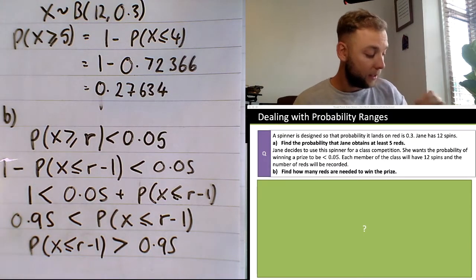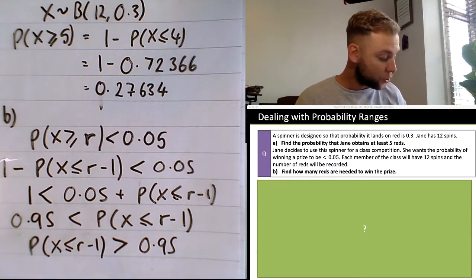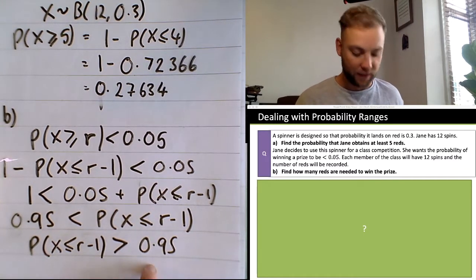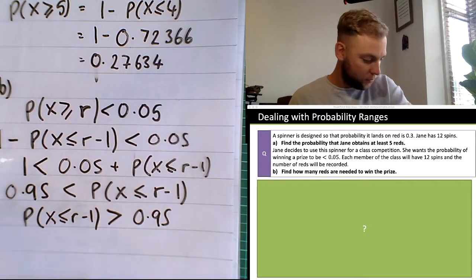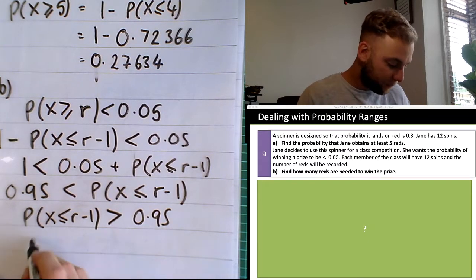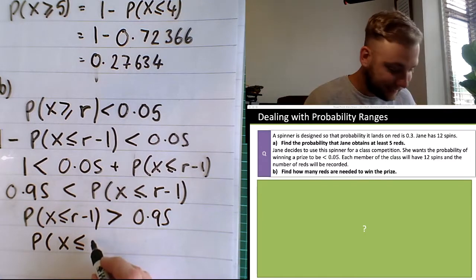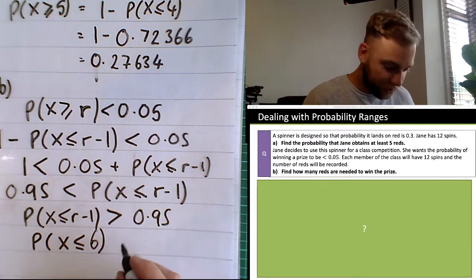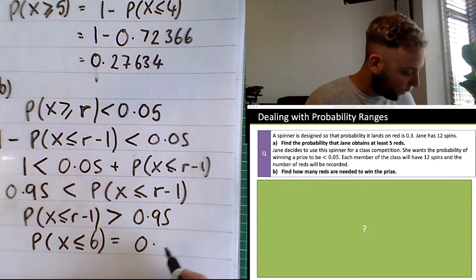But what we're looking for is the first value which is greater than 0.95. And I've just scrolled down. The first value that is greater than 0.95 is the probability that X is less than or equal to 6, which is equal to 0.9613.